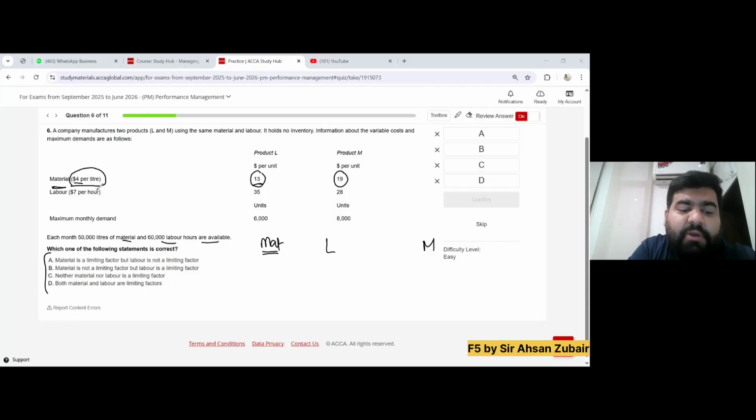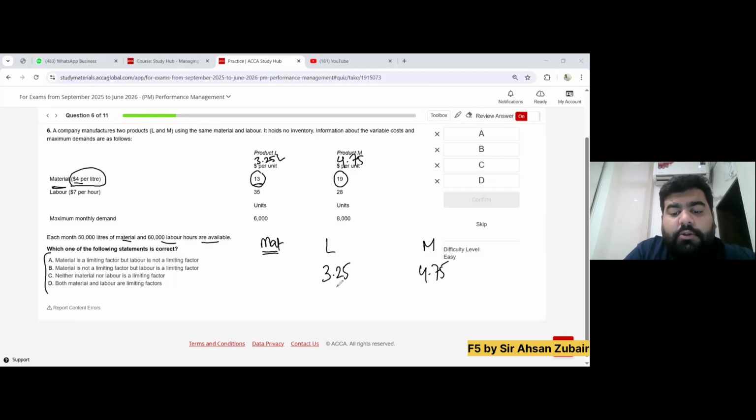So 13 divided by 4, L takes 3.25 liters, and 19 divided by 4 means 4.75 liters. So 3.25 liters are required by L, 4.75 liters required by M.